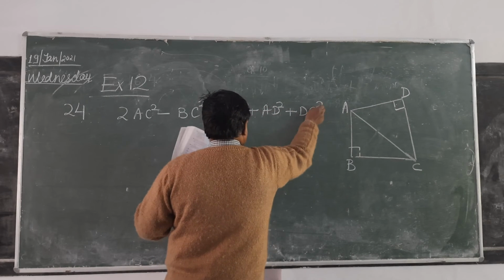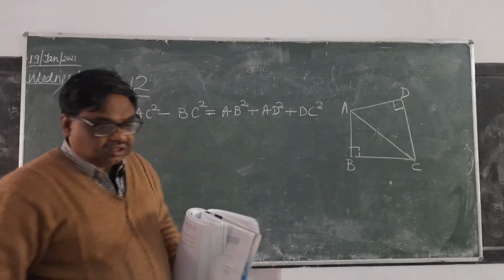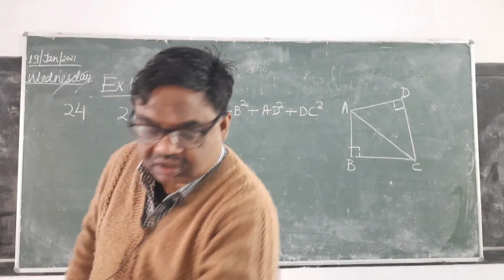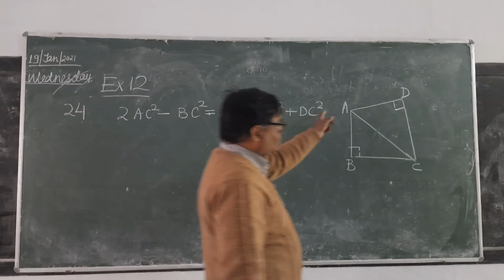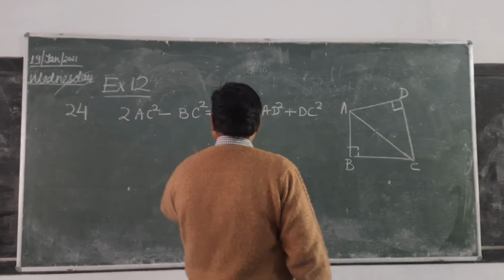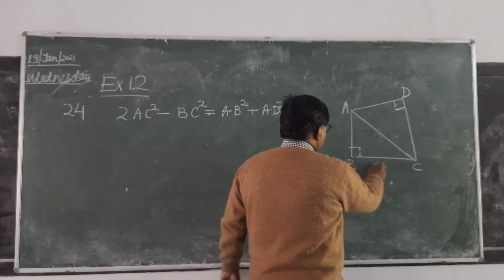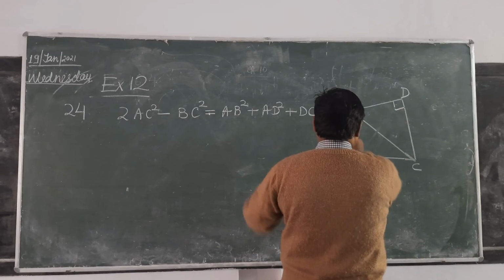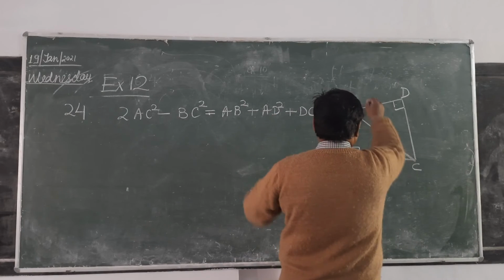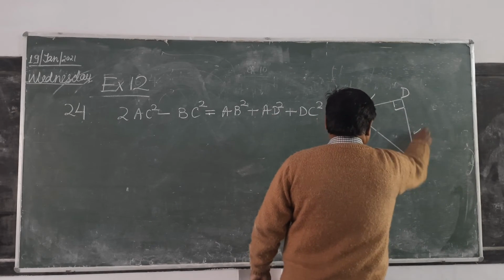You can see here AC is what? Which you have joined. It's clear. AC square is this. Then BC square means its square. Then AB square, this square. AD square, this square. DC square is this square.